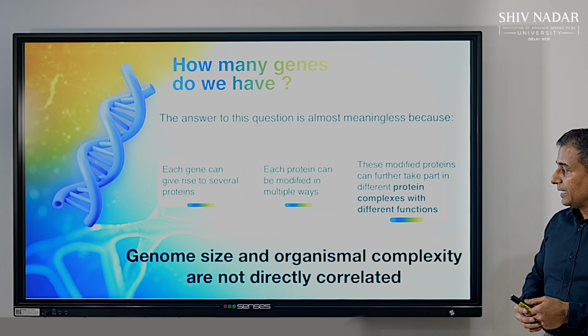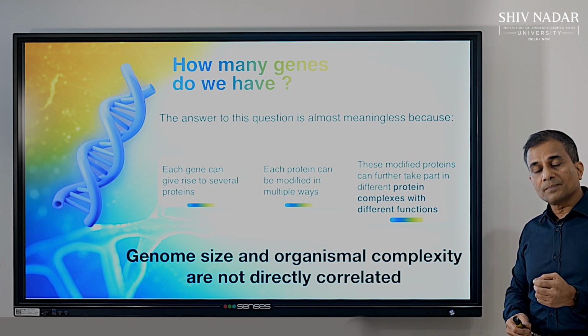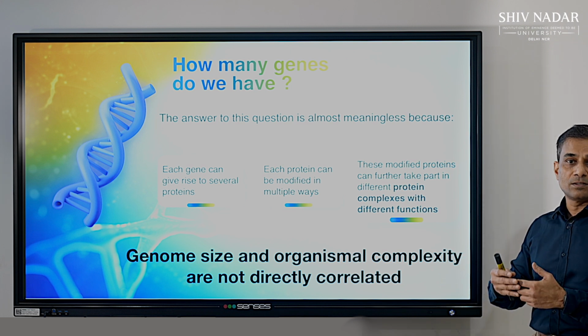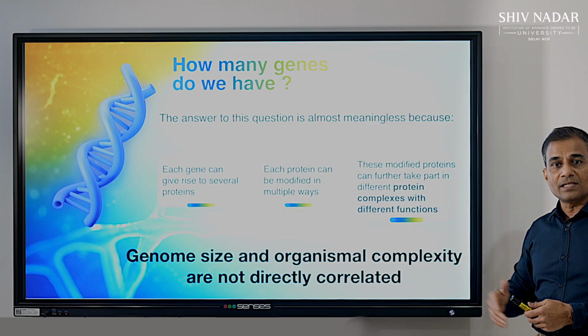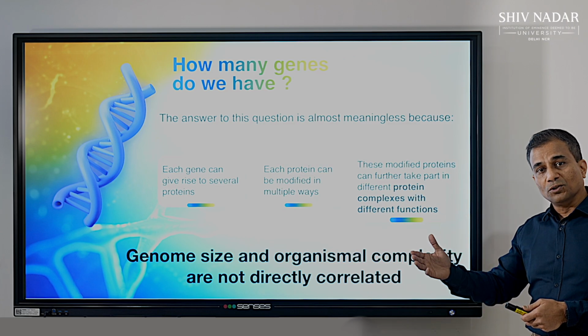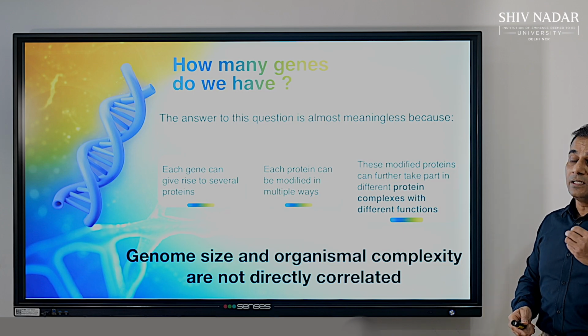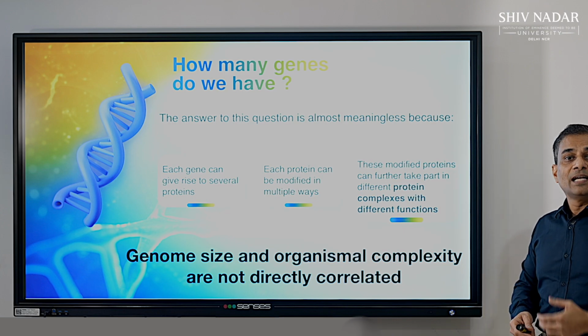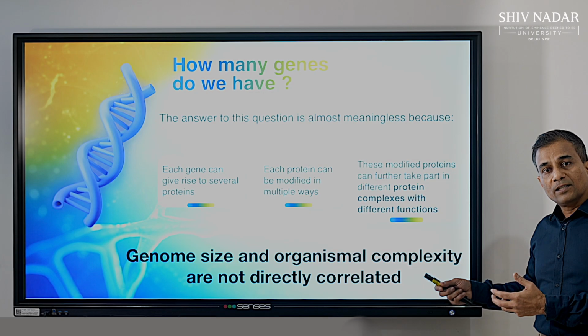I can give an example: some of the multicellular organisms, including humans, we consider humans to be the most evolved species, and these necessarily do not have the largest of the genomes. Many plant species, many single cell eukaryotes, including amoebae, have much larger genomes than that of the human genome.